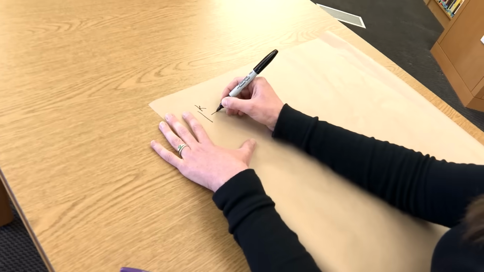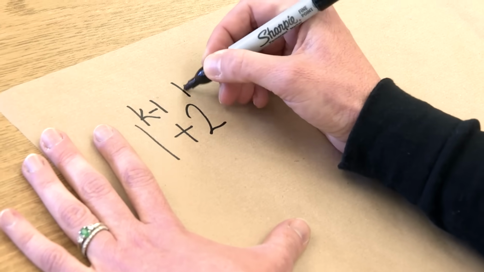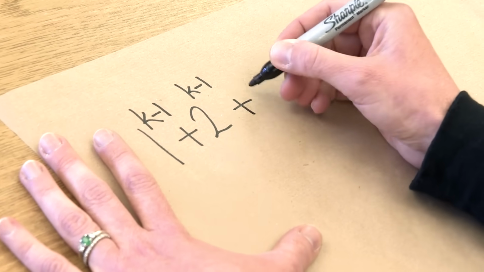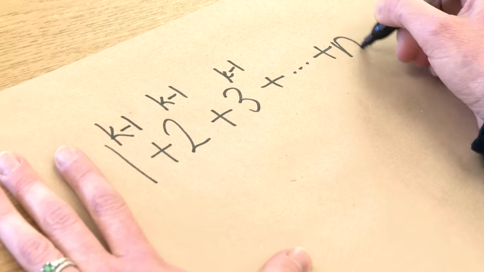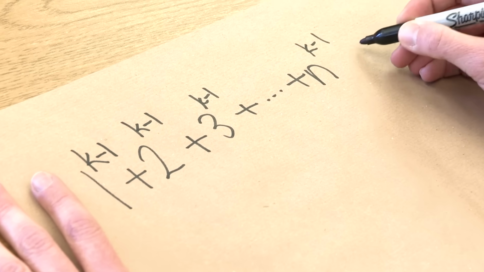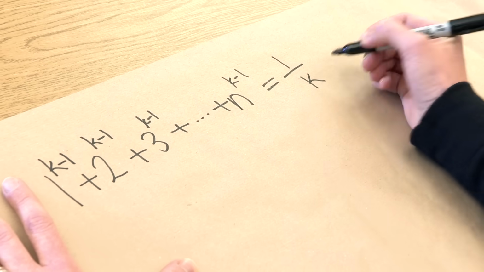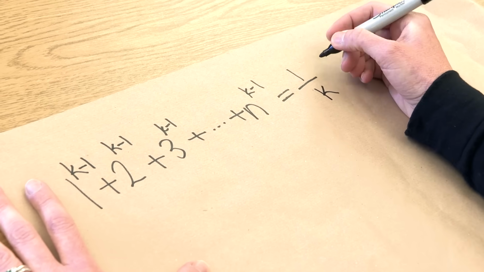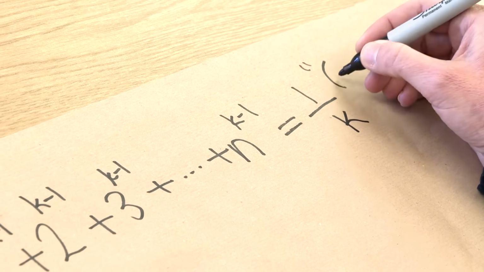Faulhaber said, okay, if I want to look at 1 to the k minus 1 plus 2 to the k minus 1 plus 3 to the k minus 1 plus ... plus n to the k minus 1, that's equal to 1 over k times, I'm going to put something in quotes right now, and then I'll explain it.